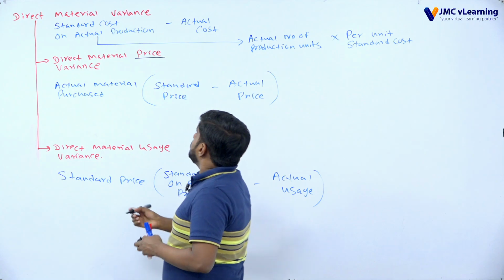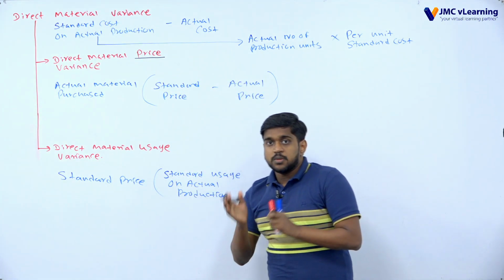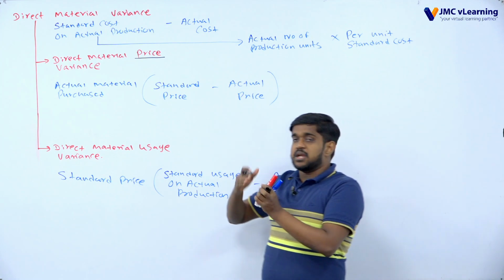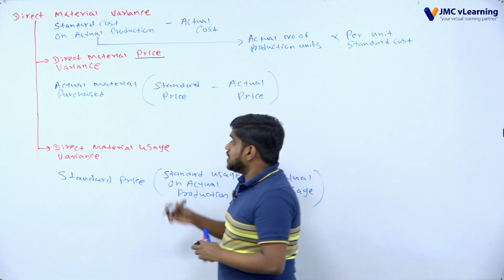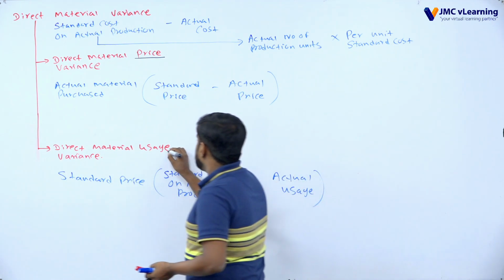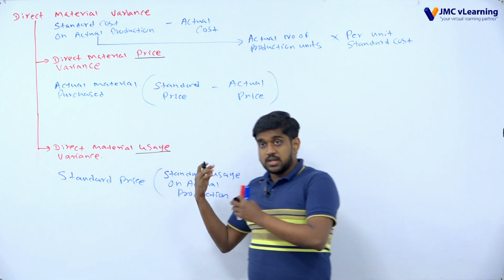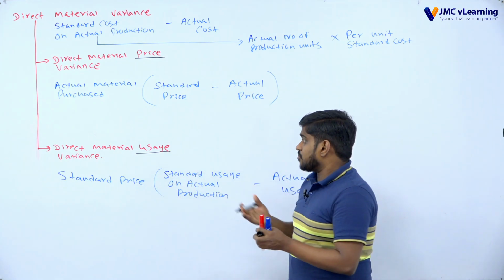Actually, price variance, this price variance mainly focus on identify how about the price changes affected on our direct material variance. Then second sub variance is direct material usage variance. When we come to direct material usage variance, it is mainly focused on the usage change.